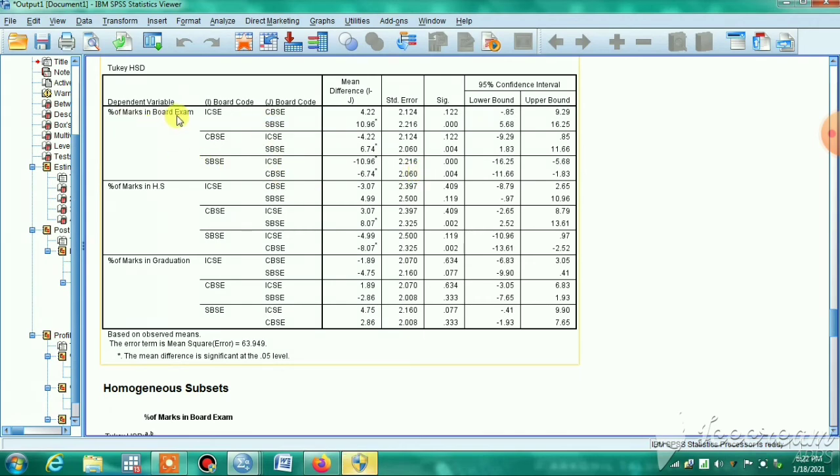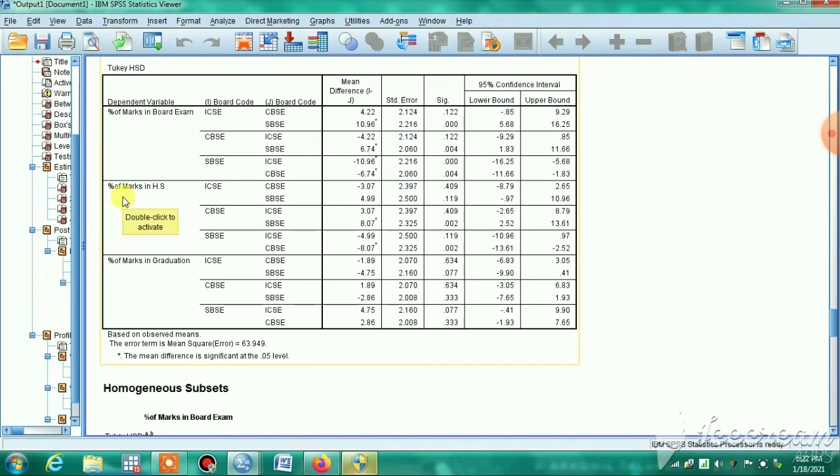So this shows the percentage of marks in board exam with the differences in board is significant, and these significant differences are due to the SBSE, or State Board of Secondary Education, which is responsible for these mean differences of marks in board exam. In this way we can explain.